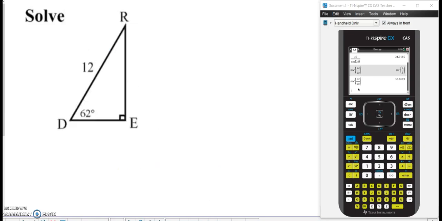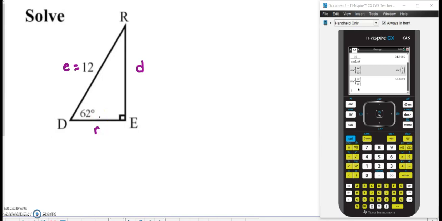Now we're just given a problem to solve completely, and I need to come up with both this side here, and we're going to call this side little d. We tend to name all of the sides of the triangle in the lowercase version of the angle opposite it. So let's see, what do you want to solve for first?